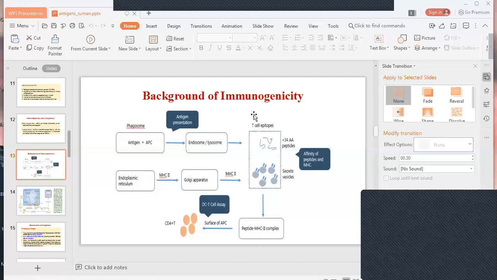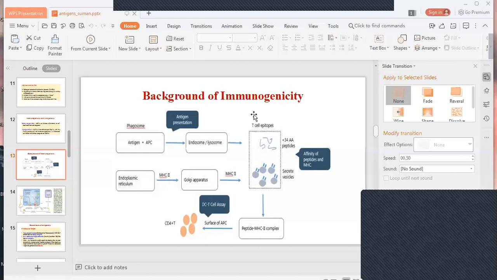In the second step, antigen processing and presentation generates antigenic peptides bound to major histocompatibility complex molecules for presentation to adaptive immune cells.